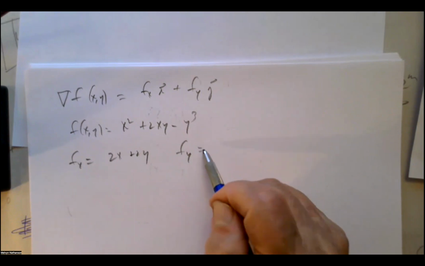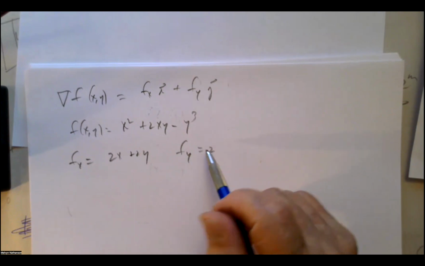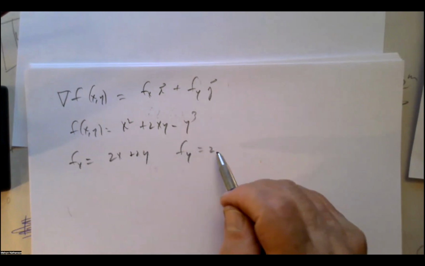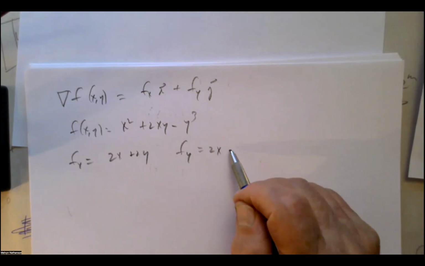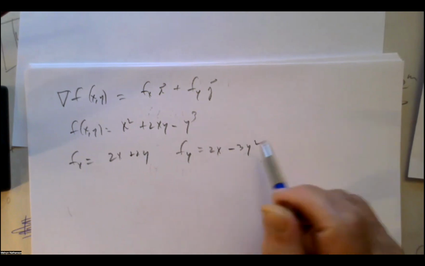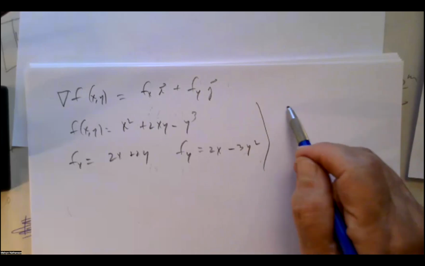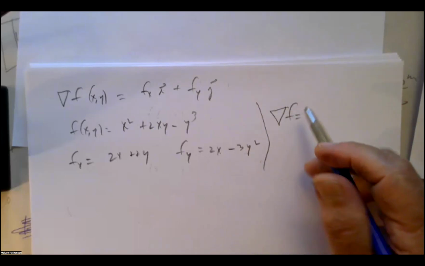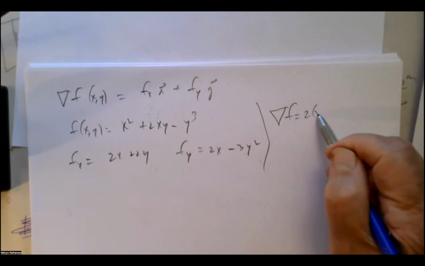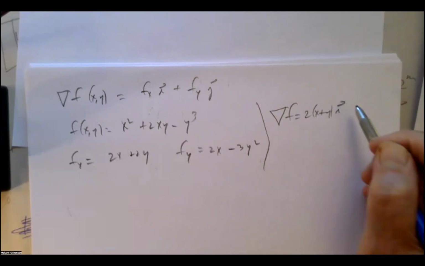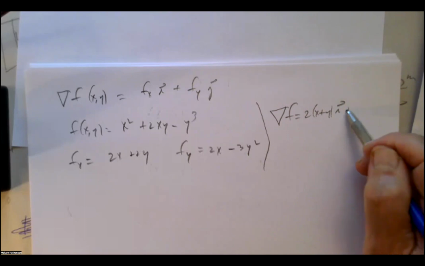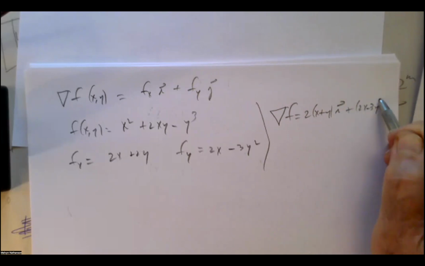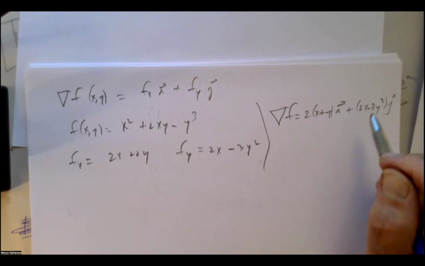Partial of f with respect to y is 2x minus 3y squared. So the gradient of f is equal to 2x plus 2y, or 2 times (x plus y) i, plus (2x minus 3y squared) j.